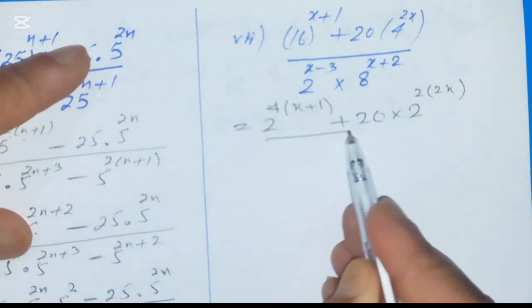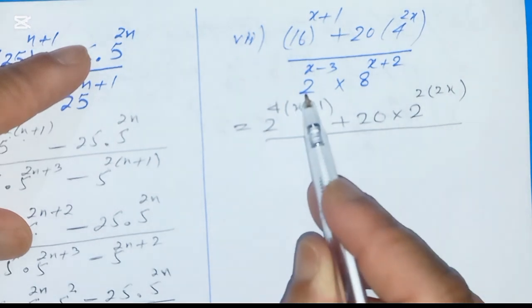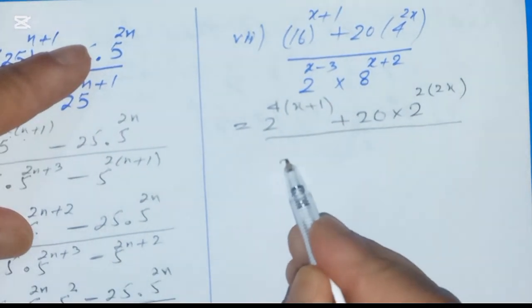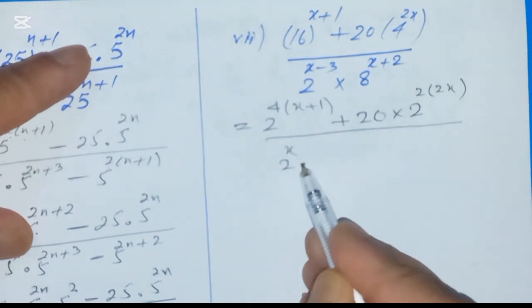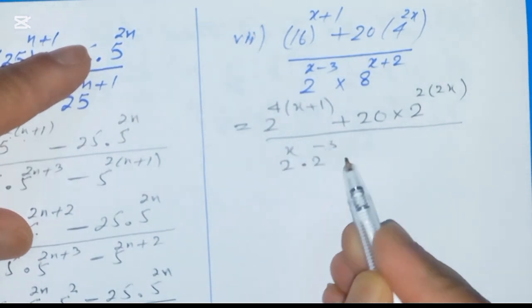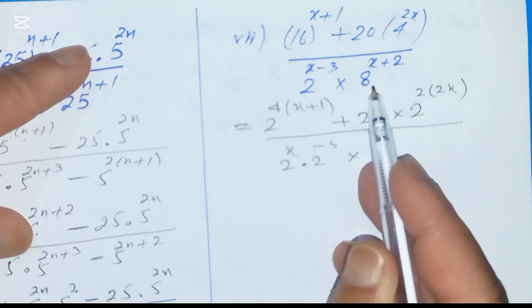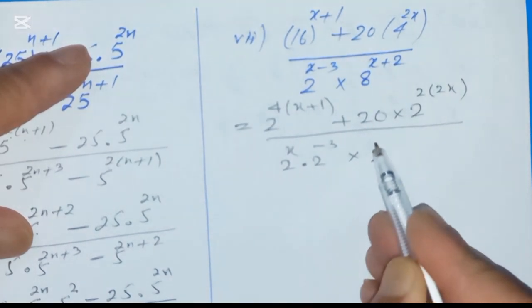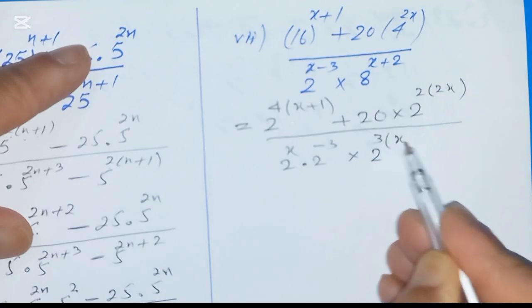In the denominator this is 2 power x minus 3, so it can be written as 2 power x dot 2 power minus 3 multiply 8. 8 is the cube of 2, so 2 power 3 bracket x plus 2.